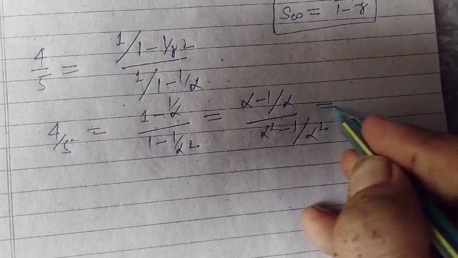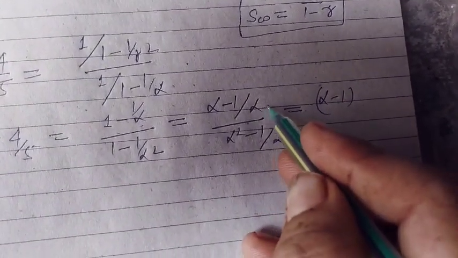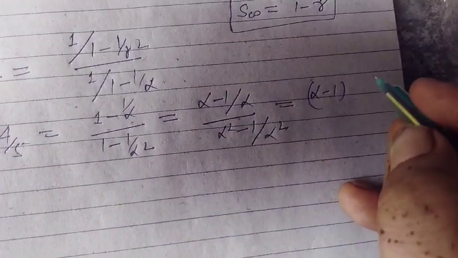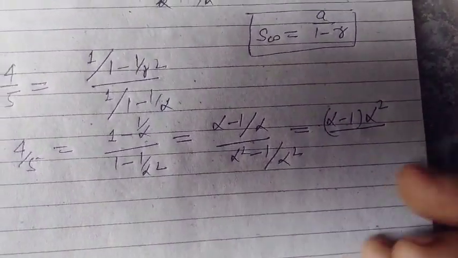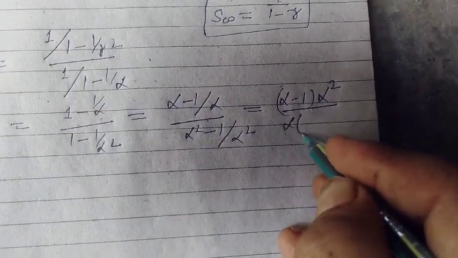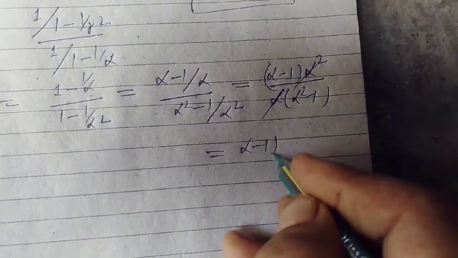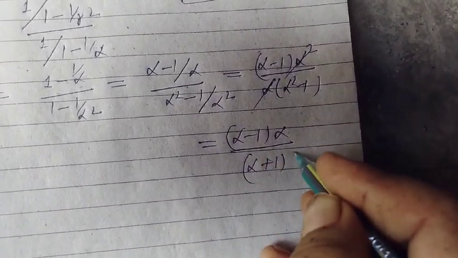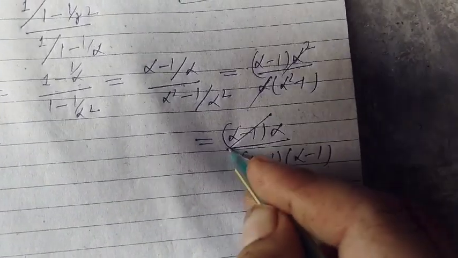So we take alpha minus 1, the middle terms multiplied with each other and the external terms multiplied with each other. So alpha minus 1 into alpha square upon alpha into alpha square minus 1. So this is divided: alpha minus 1 into alpha upon alpha plus 1 into alpha minus 1, a square minus b square using the identity.